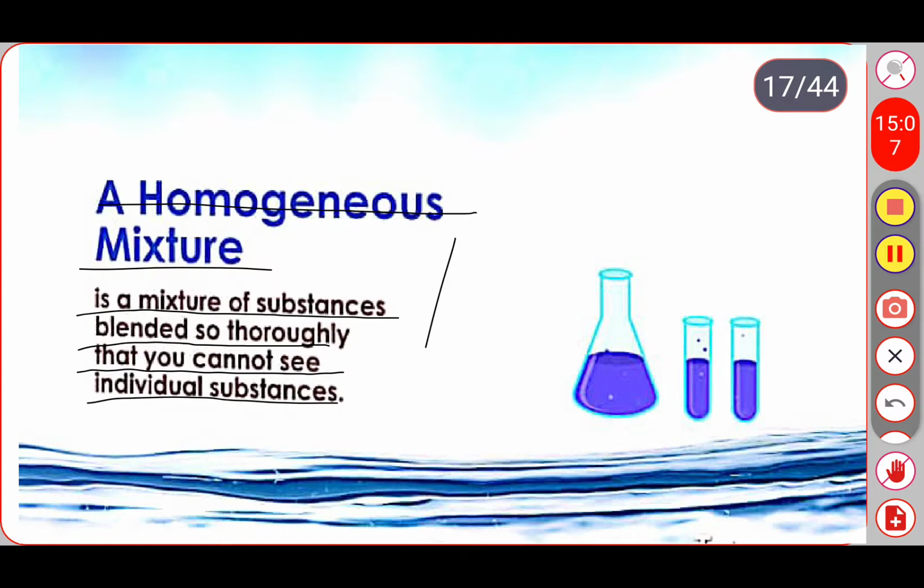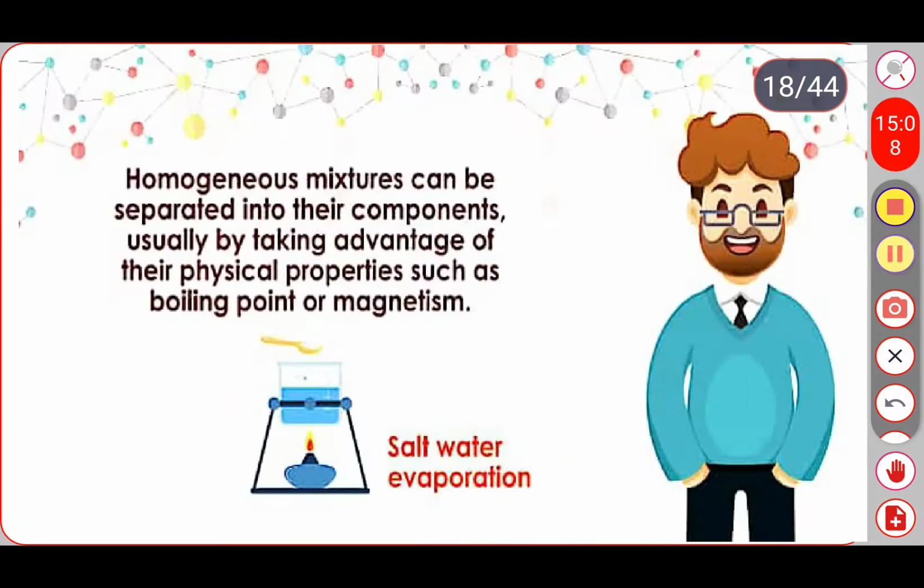In homogeneous mixtures, the substances are completely mixed together and we cannot distinguish one from another. They have uniform composition throughout the mass. It has no visible boundaries. If we add two substances, we cannot make them separate substances in the homogeneous mixture.